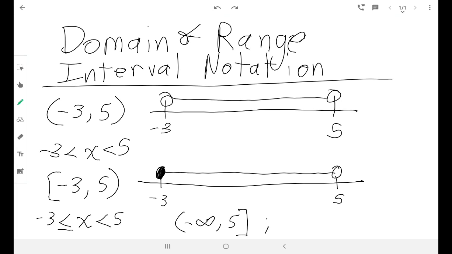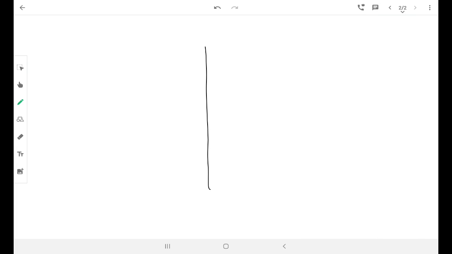And then this one would be from, say, 4 to +infinity, not including 4, okay? And of course, not including negative or positive infinity.